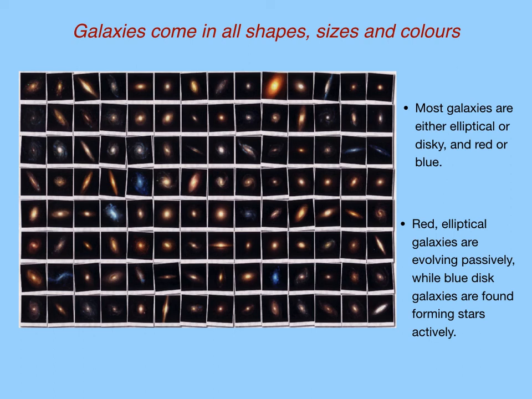We live, for instance, in a spiral galaxy called the Milky Way. But do remember that this trend that the elliptical galaxies are red and spiral and irregular galaxies are blue is only a generic trend, which means that there are exceptions to this, but we will talk about them later.